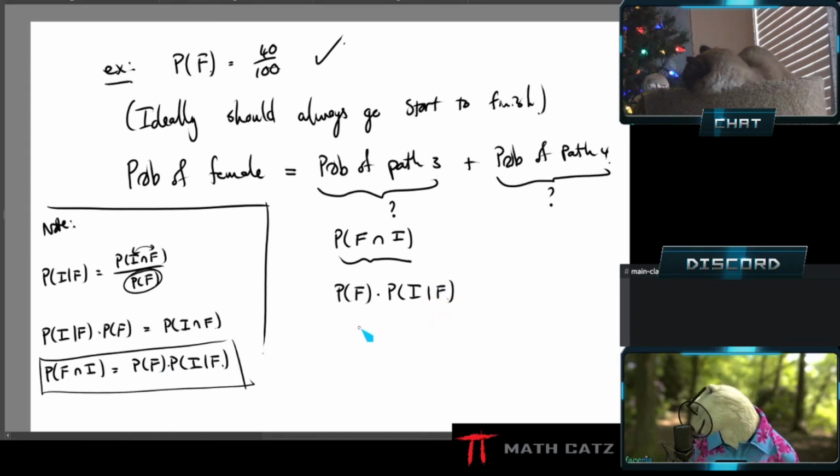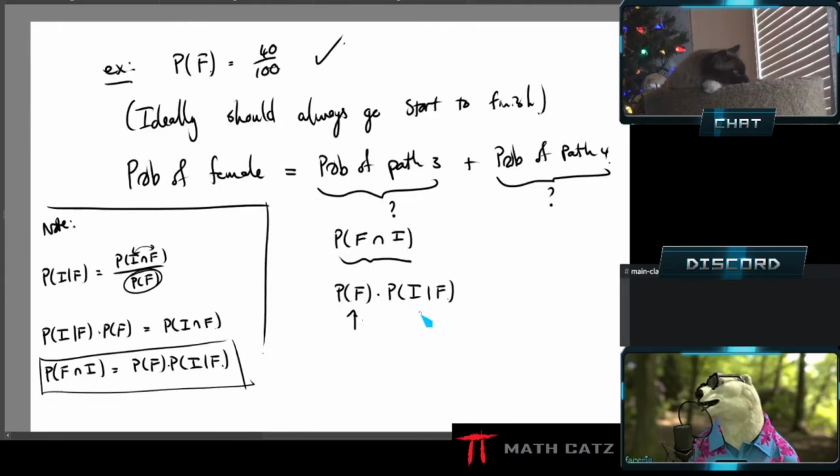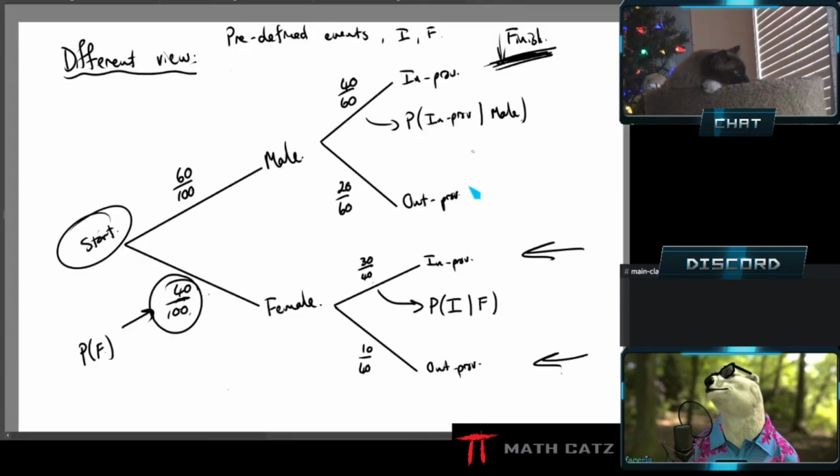Writing this alternative version of the formula for conditional probability, it says I can find this intersection, which is the probability of path 3, by multiplying these two. But these two are the ones on the tree. The probability of F, right there. The probability of being in province given F, it's right there.